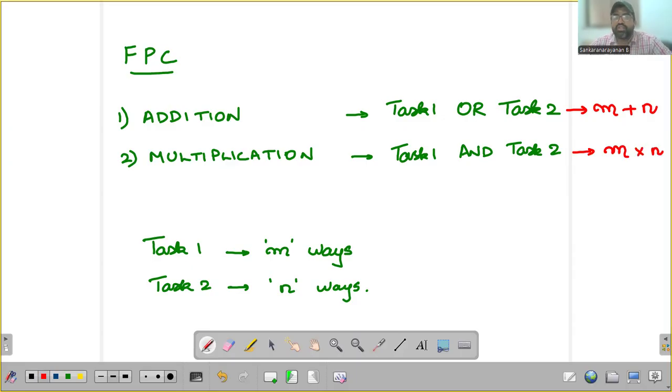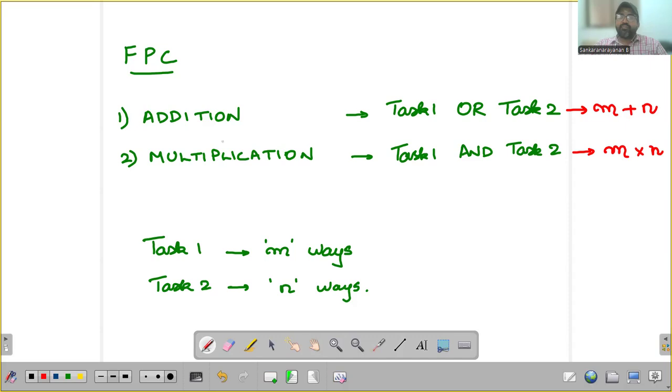So solving questions based on permutations and combinations, you should know when to use permutation. That's the case when you are dealing with arrangements. When to use combination? That's the case when you are dealing with selection. And then comes the fundamental principle of counting. There we have addition and multiplication.